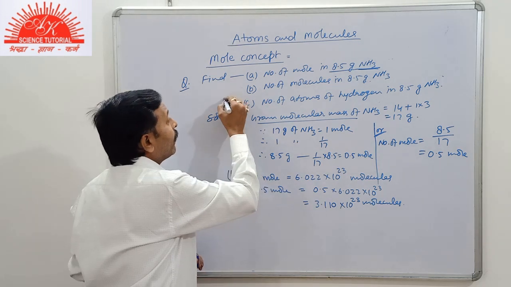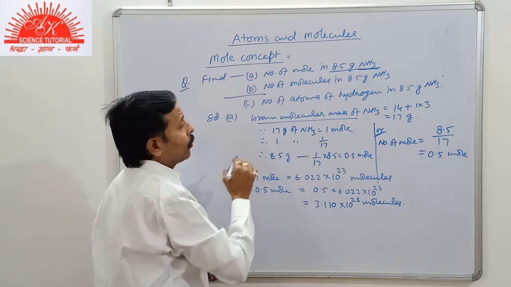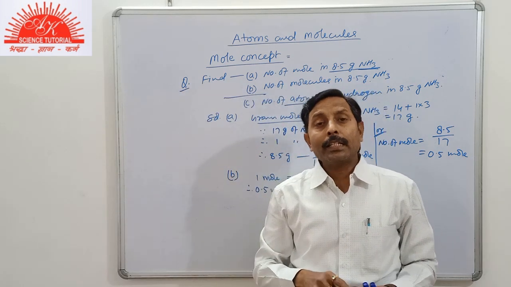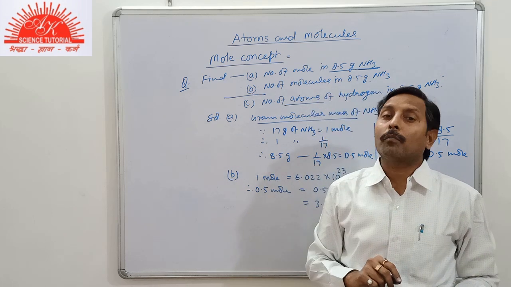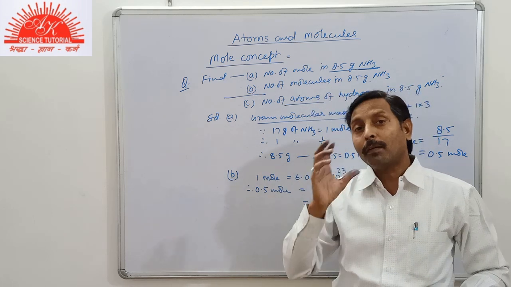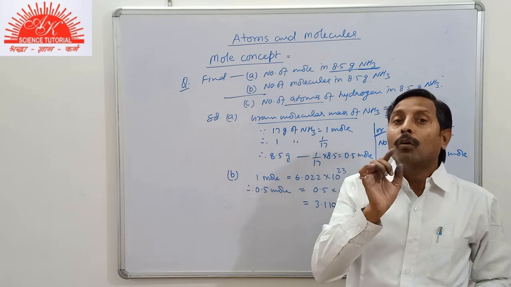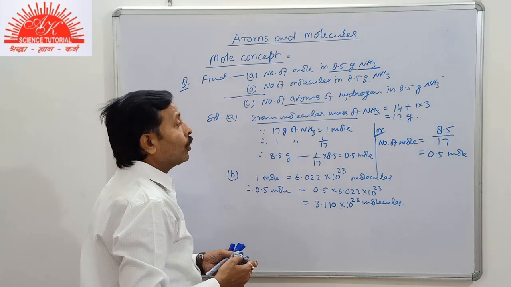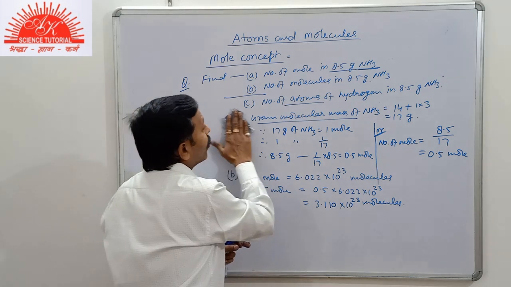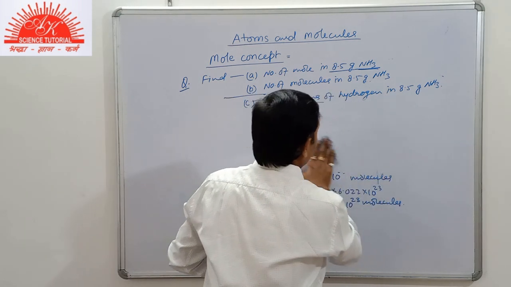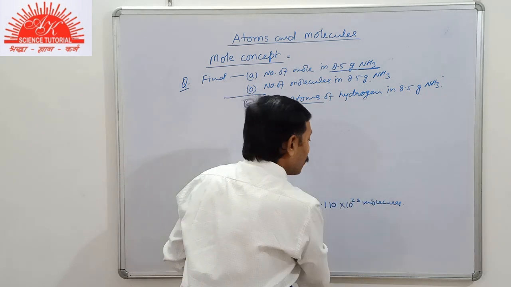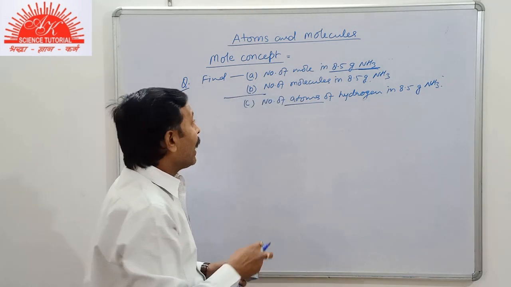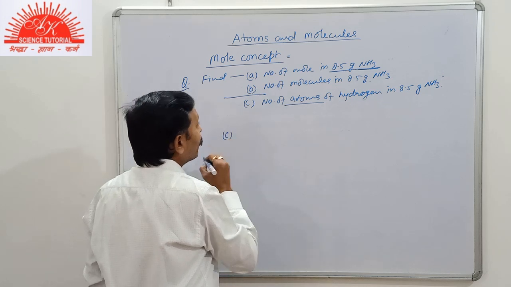Students, now suppose part C, where we have to find out the number of atoms. It is not the atomic mass, it is the molecular mass, it is the mass of the molecule. So even if the question directly asks for the number of atoms, you must calculate the number of molecules first and then go for the number of atoms.